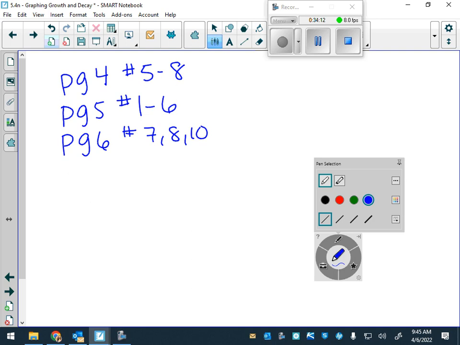In all of these, I want you to include domain, range, horizontal asymptote, and y-intercept, okay, for all of them so you could see, okay? So page 4, 5 through 8, a lot of this can be done in class time, okay? Page 5, 1 through 6, page 6, 7, 8, and 10. All right?